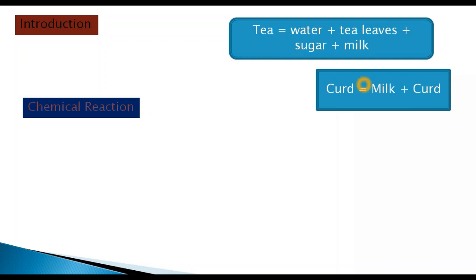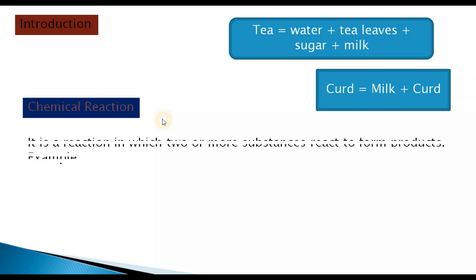In both these examples, you can see that some substances are combining and they are forming a new substance. And see, this new substance, whether it's tea or curd, has different properties than its constituents, right? So a chemical reaction is nothing but a reaction in which two or more substances react to form products.